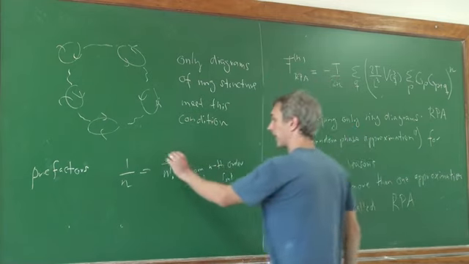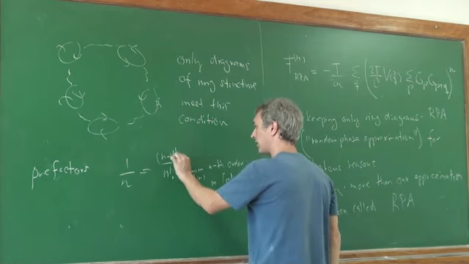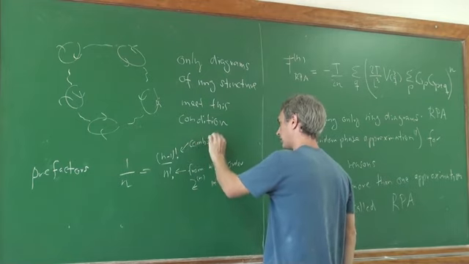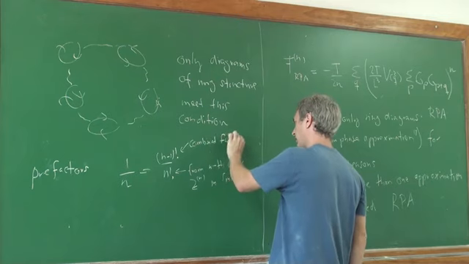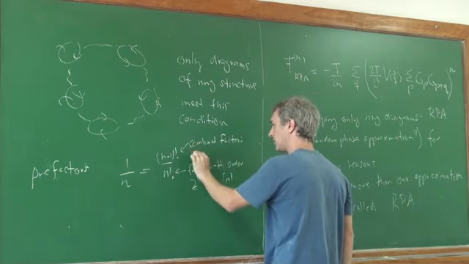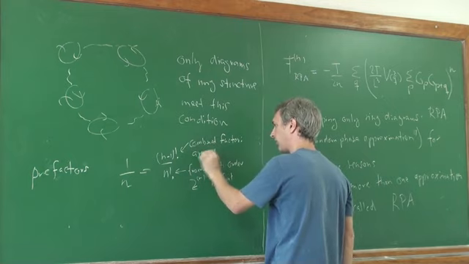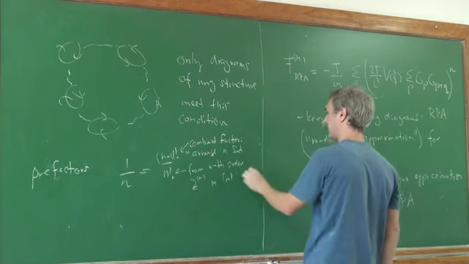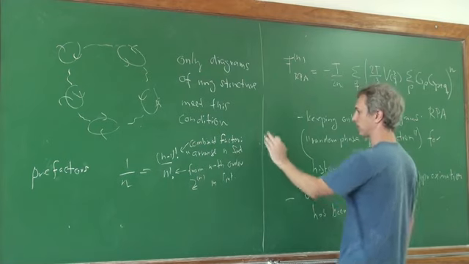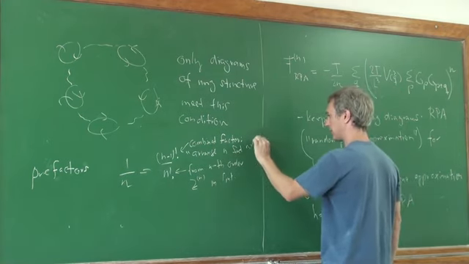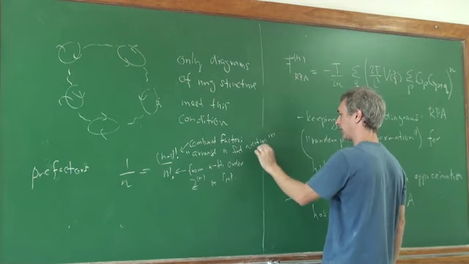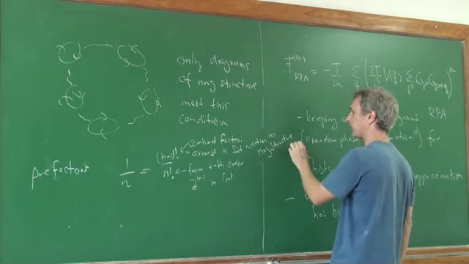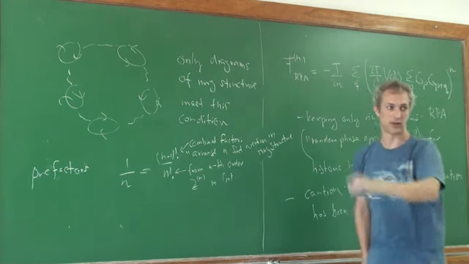This is the combinatorial factor of arranging n interaction vertices in a ring structure, taking into account that if you rotate all these, this doesn't change it.